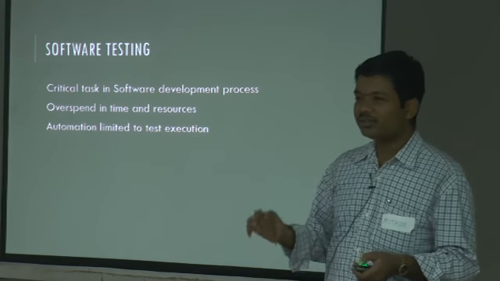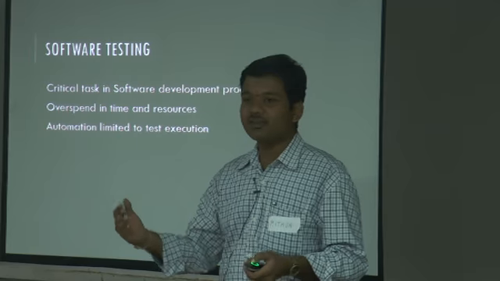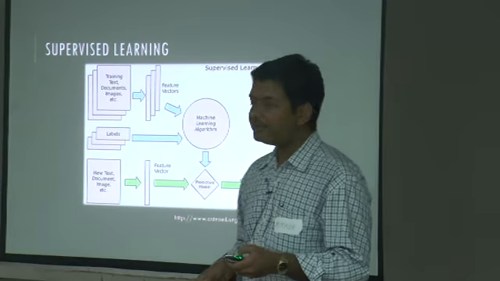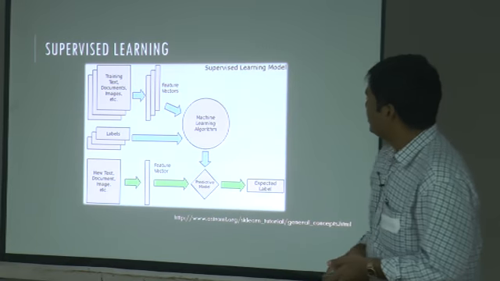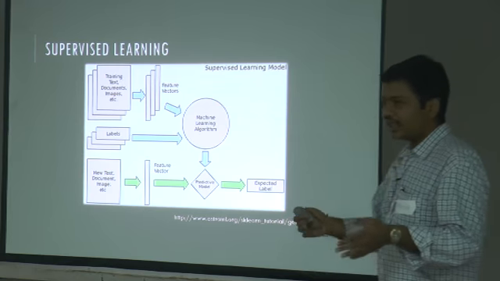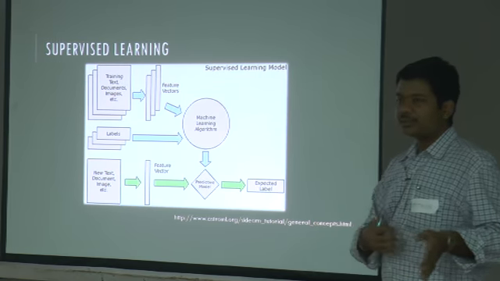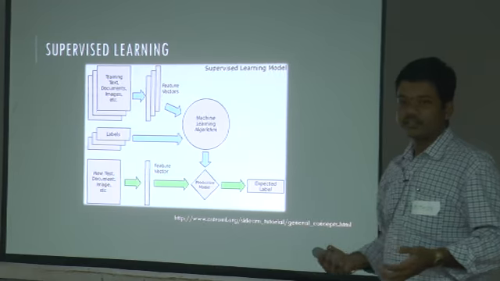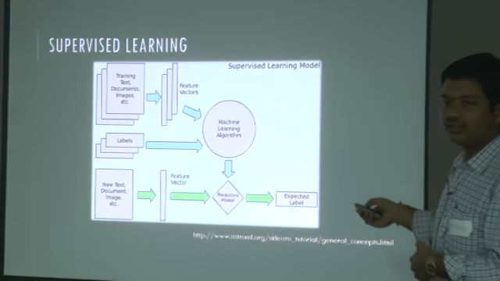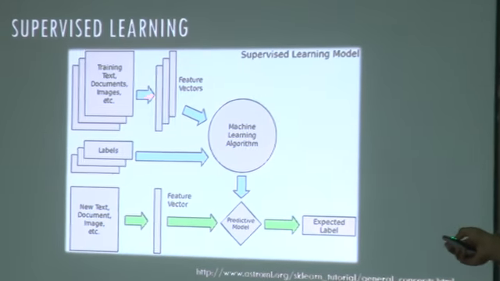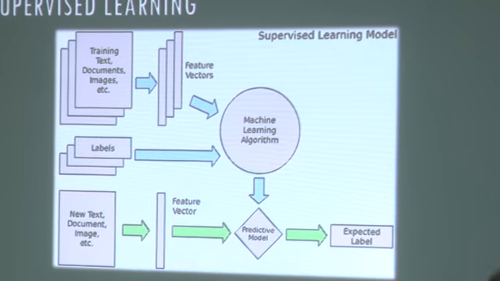Now let's have a look at some basics of machine learning and a few common algorithms. We can categorize learning into different types, but for the sake of ease, let's look at a few, starting with supervised learning. It's similar to what we saw earlier.